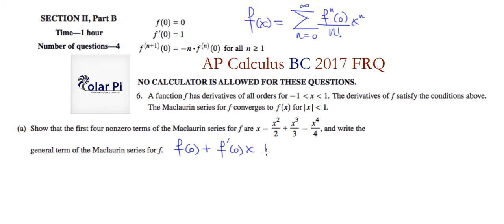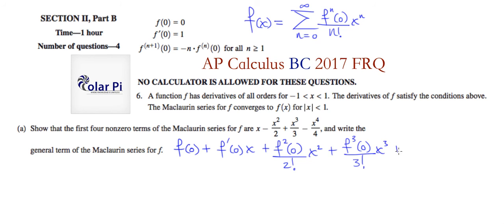And then next we have that the third term will be, more generally, f^(2), which again means the second derivative, evaluated at 0, and then divided by 2 factorial, and then x to the second. And then plus f^(3), the third derivative, evaluated at 0, divided by 3 factorial, and then x to the third.